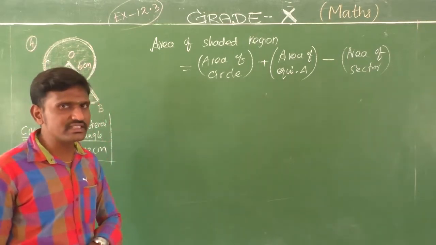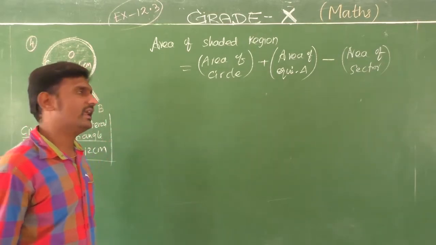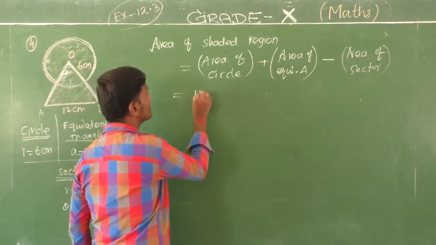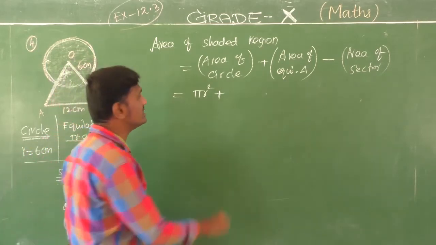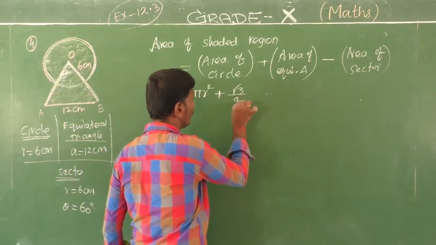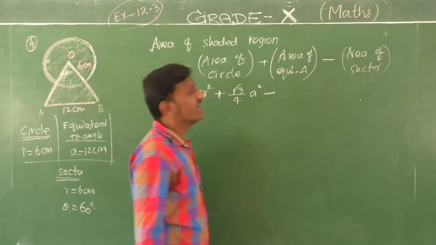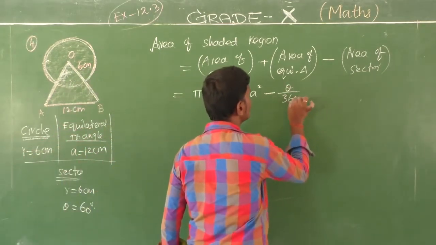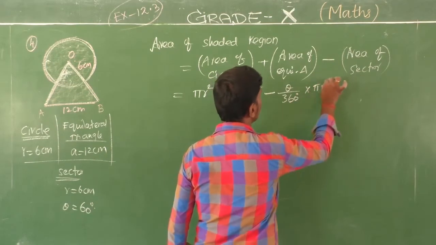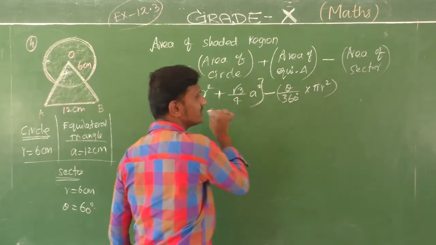Do you know the formula for the area of the circle? Pi r square. The area of the equilateral triangle is root 3 by 4 a square, minus the area of the sector, which is theta by 360 into pi r square. So put one more bracket like this.